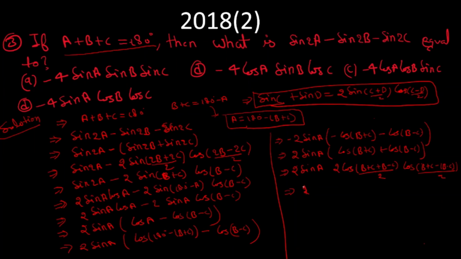So here we get 4 sin a, and here we get cos b and cos c. We get minus here because when we take common minus, we get minus here. So we got minus 4 sin a cos b cos c.